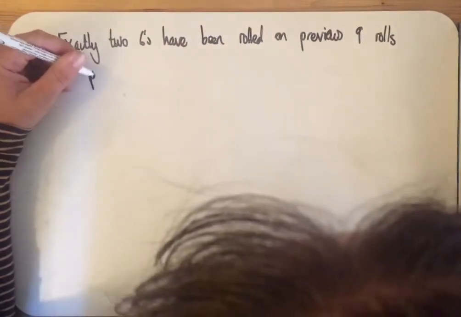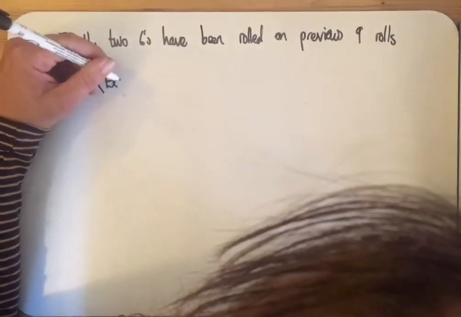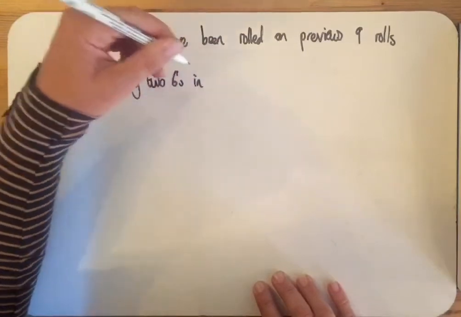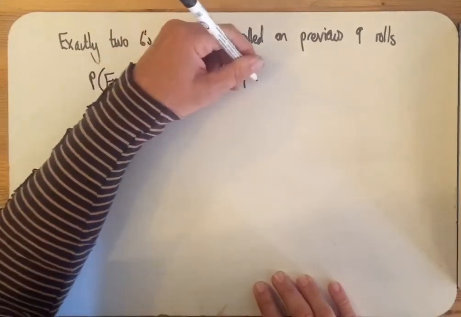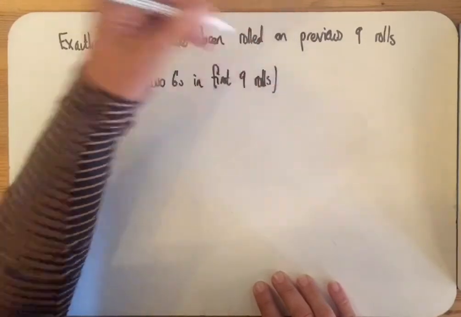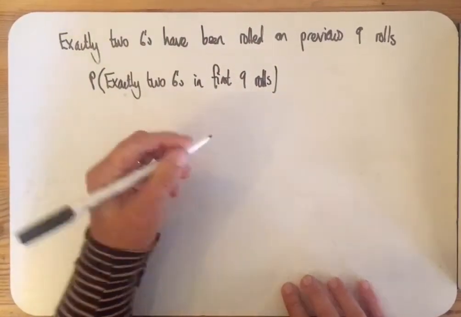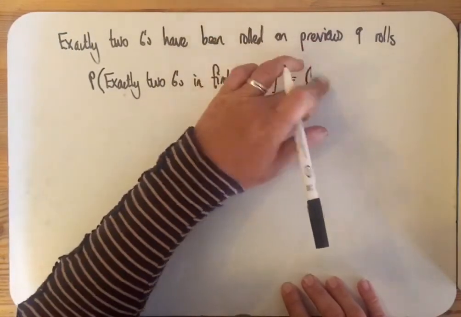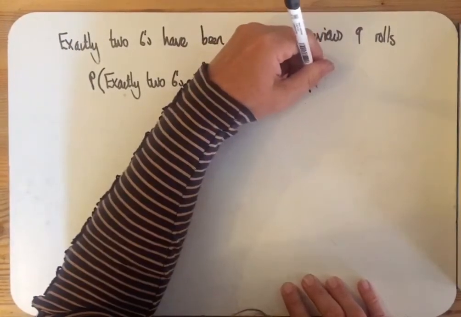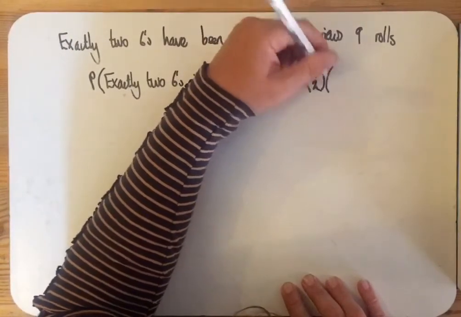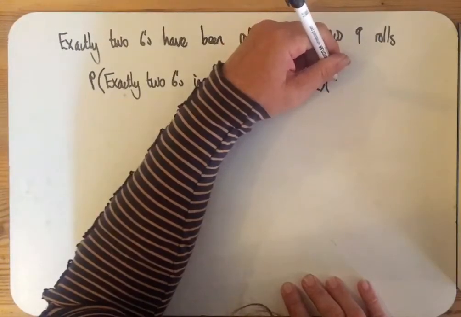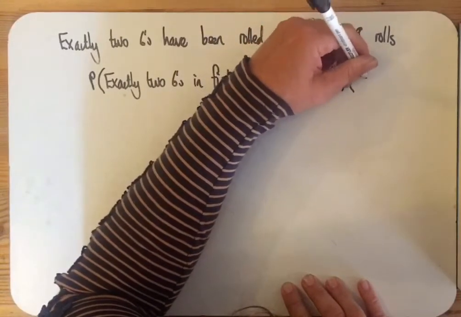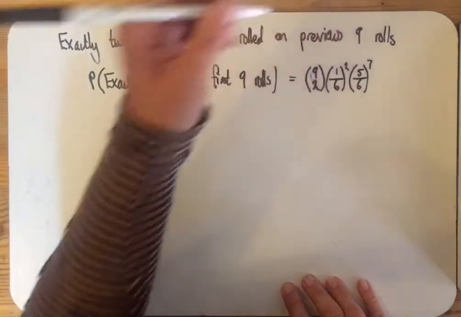So this probability: exactly 2 sixes in the first 9 rolls is going to be 9 choose 2, the probability of getting a 6, which is 1/6, squared, and the probability of not getting a 6, 5/6, to the power of 7.